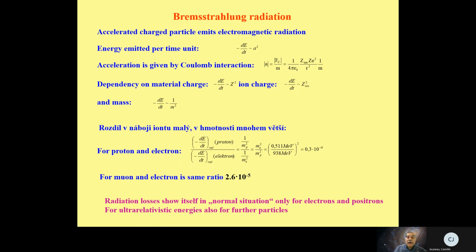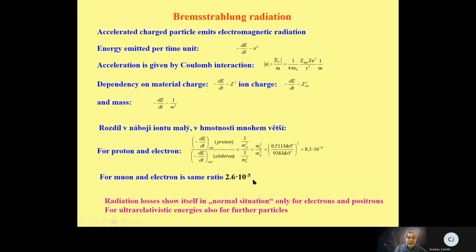It is 10 times lighter than proton. In this case, you will obtain this ratio here. That means it is 2 orders of magnitude smaller Bremsstrahlung radiation for proton than for muon.